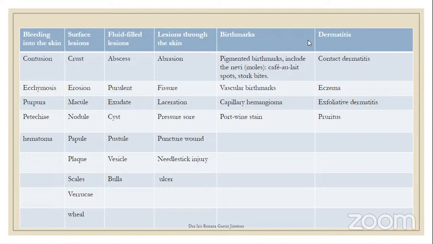Then we got the birthmarks and dermatitis. With the birthmarks, we got the pigmented birthmarks, I mean the moles, the café-au-lait spots or stork bites. Café-au-lait, I mean coffee and milk. Vascular birthmarks, capillary hemangioma, port wine stain, okay? For dermatitis, contact dermatitis, eczema, exfoliative dermatitis, and pruritus.